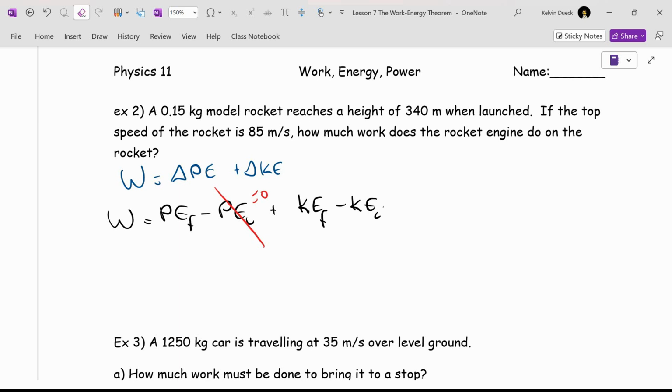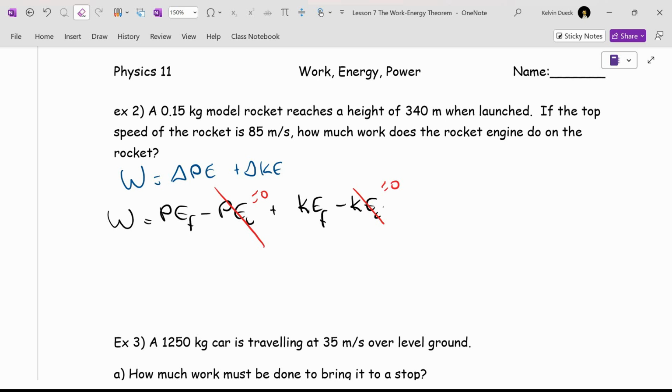Yeah, we're going to be at rest right here, because before we hit launch, is it moving yet? No. So we're actually going to hit a top speed of 85 meters per second. Okay.